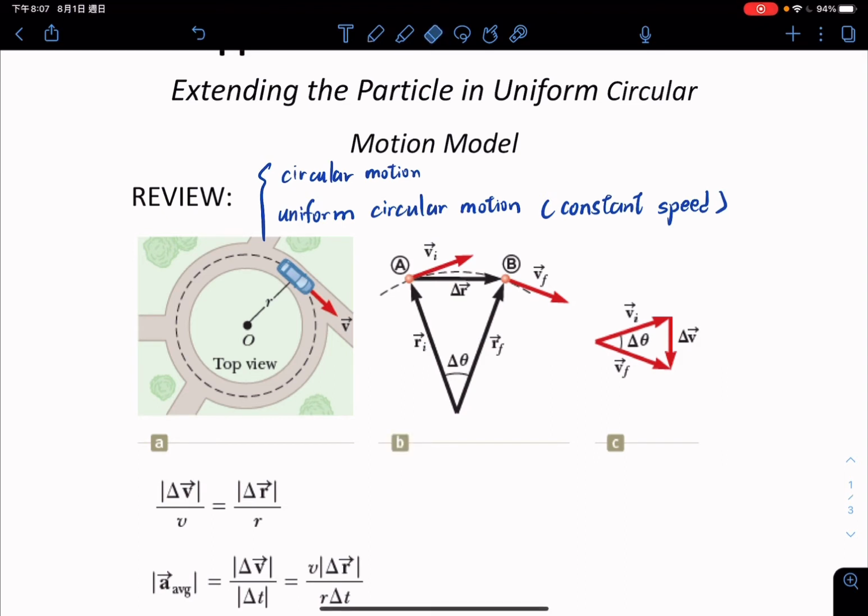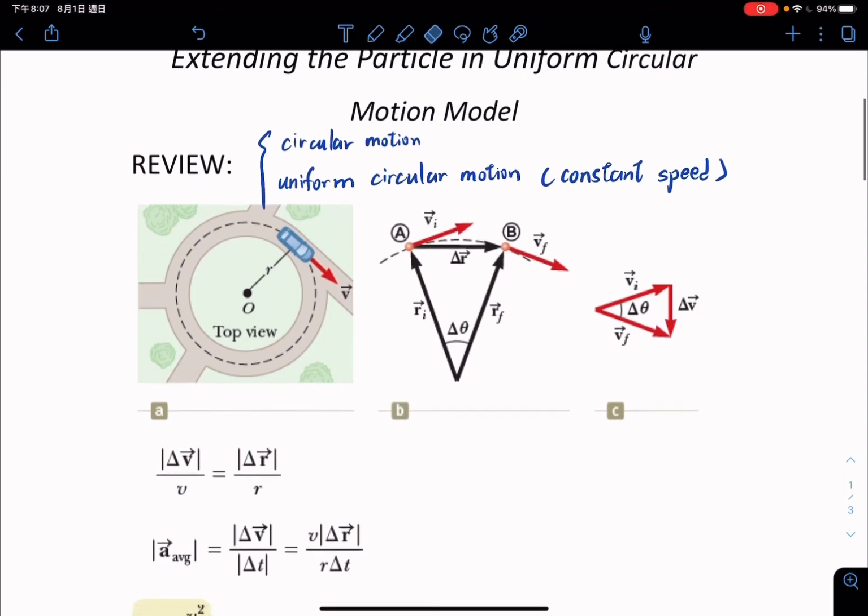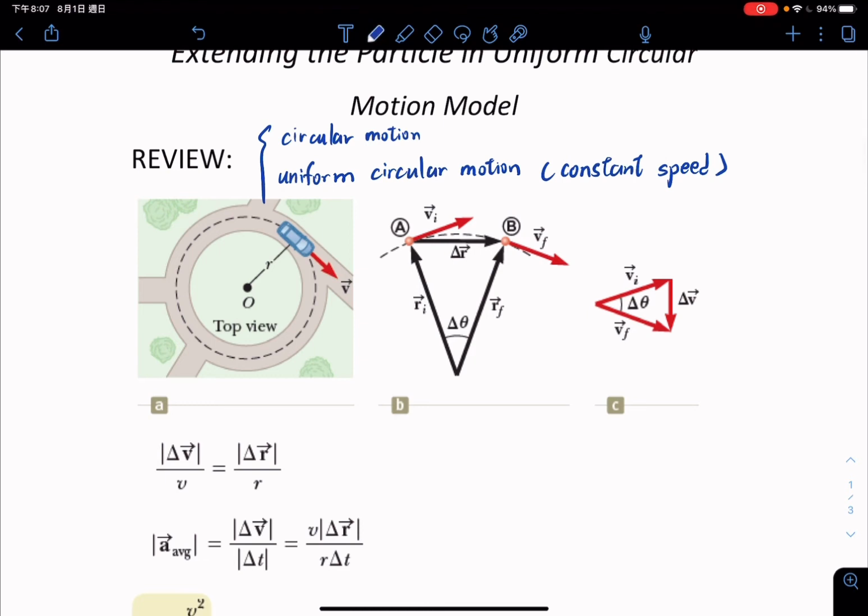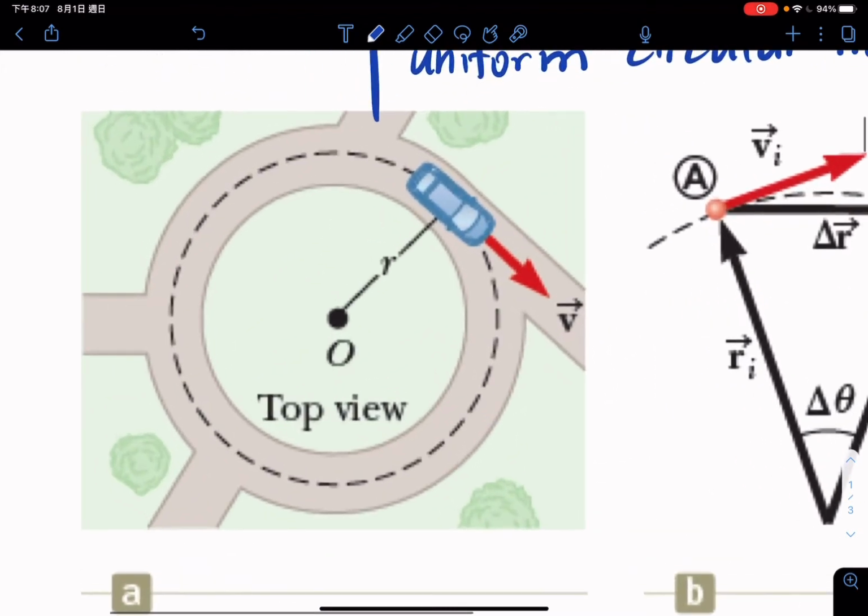With a constant speed, we may first note that the acceleration vector in uniform circular motion is always perpendicular to the path. Why?